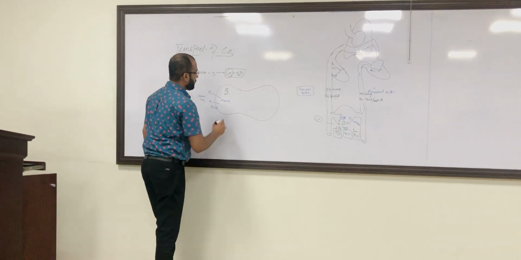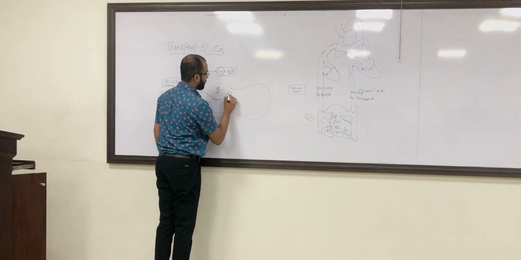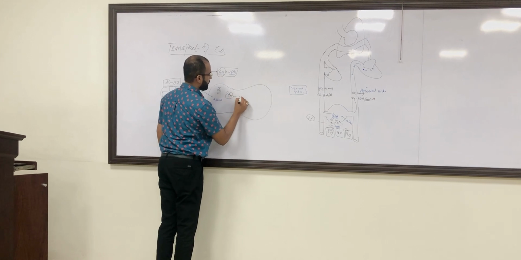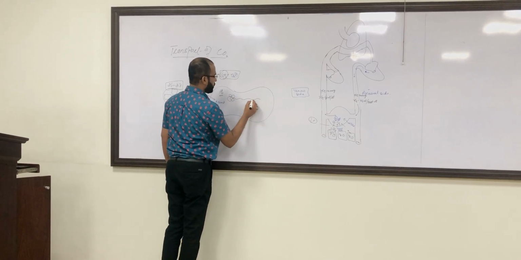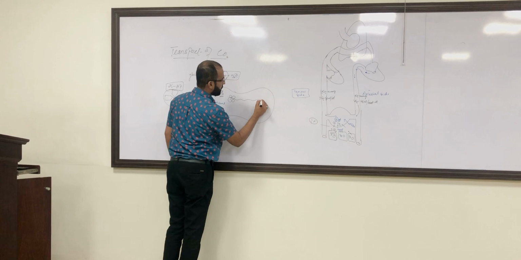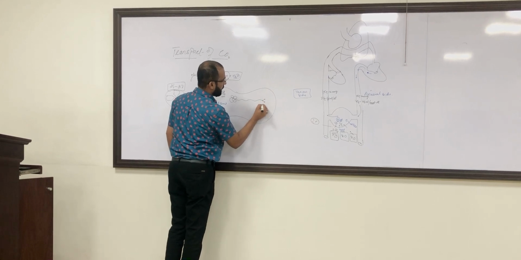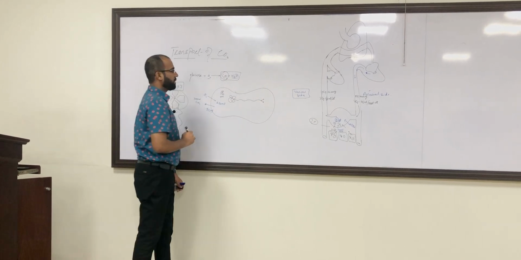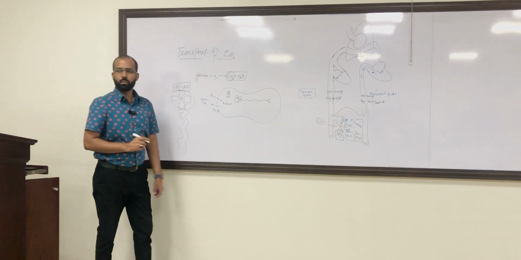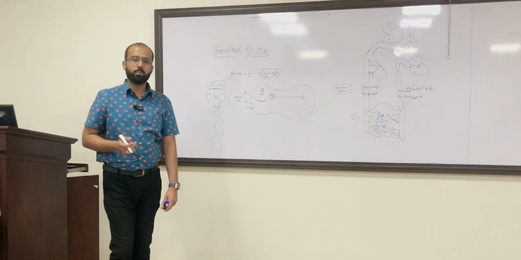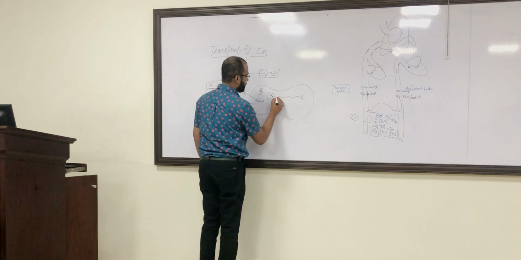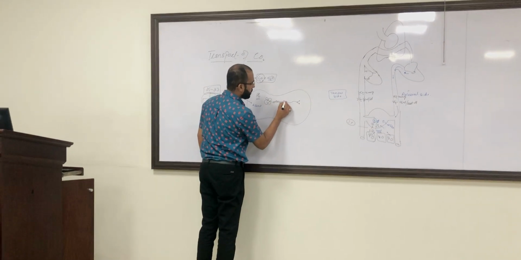For convenience, I would like to draw the hemoglobin molecule like this. So this is the hemoglobin molecule. Of course, this is one terminal where there is an amino group, and another terminal where there is a carboxyl group, because this is a protein and all proteins contain amino acids. These are the different amino acids.